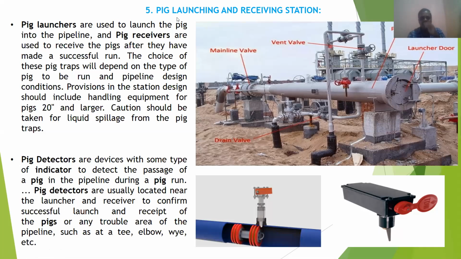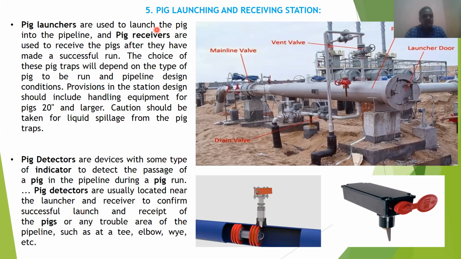You can see this pig launching and receiving stations are like this. Pig launchers are used to launch the pig into the pipeline, and pig receivers are used to receive the pigs after they have made a successful run. The choice of these pig traps will depend on the type of pig to be run and pipeline design conditions.